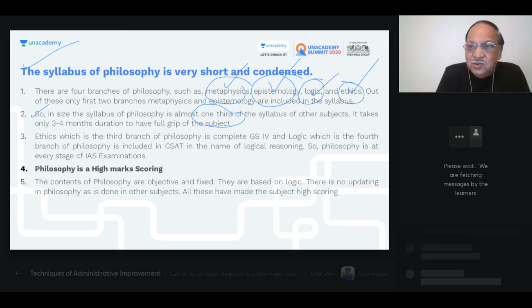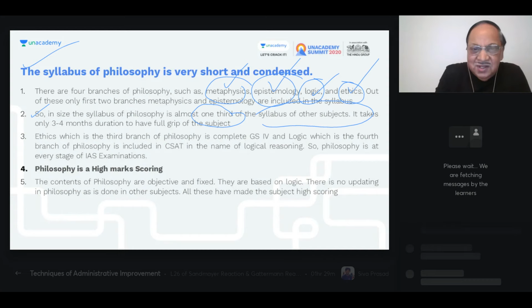You will be surprised to know, but you can compare that the syllabus of philosophy is almost one third of the syllabus of other subjects, because you also know how vast those subjects are, that it is not possible to prepare them in these 4, 5 months, because that has become the time limit for you.